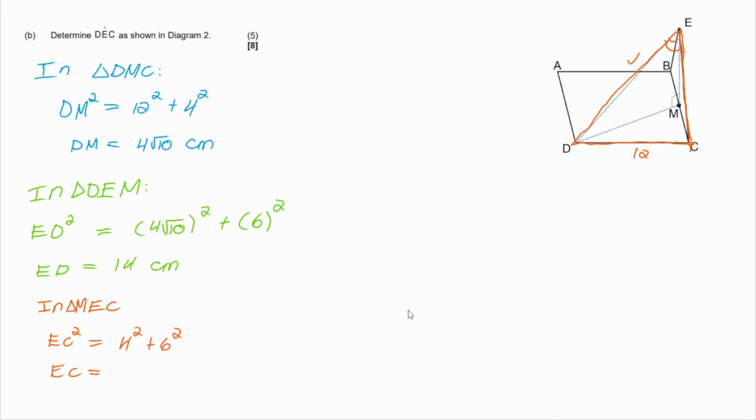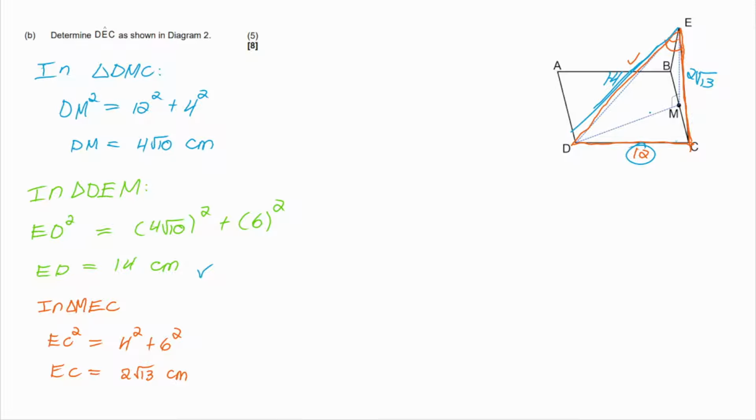That gives us 2 root 13 centimeters. Finally, this is 12, ED over here is 14, and EC is now 2 root 13.